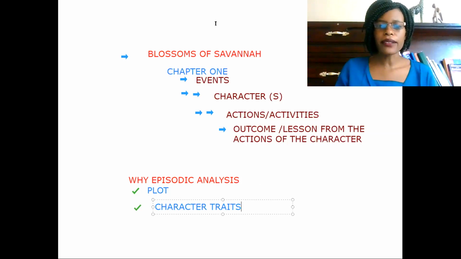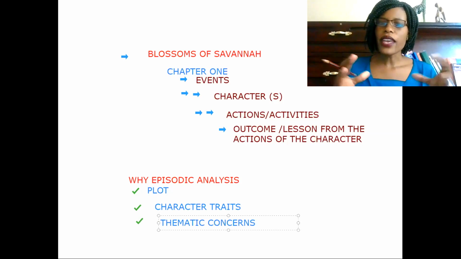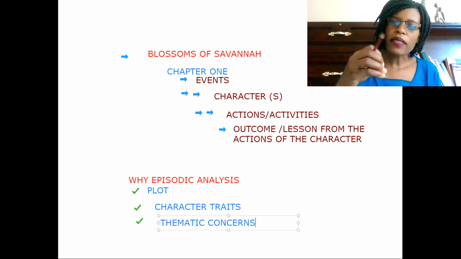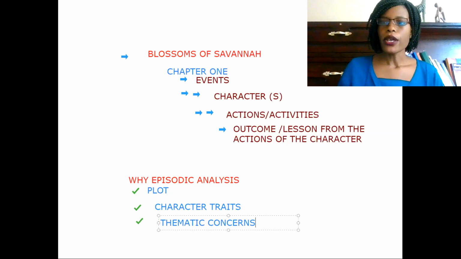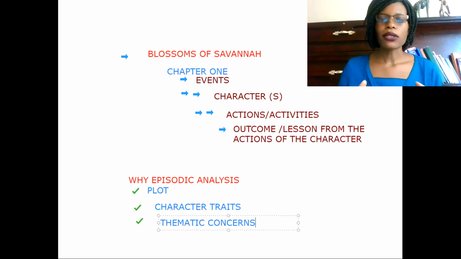Another thing we get to learn is the thematic concerns, the message that the author is trying to pass across. So within those events, we get the thematic concerns, so that we are able not only to know the plot, but also to get more from that plot, go deeper, read between the lines.